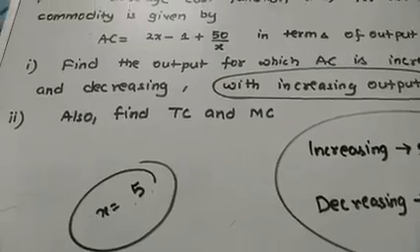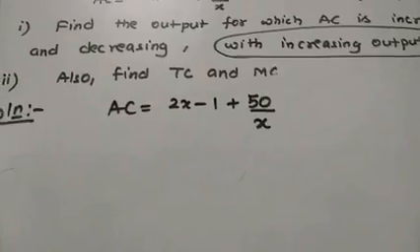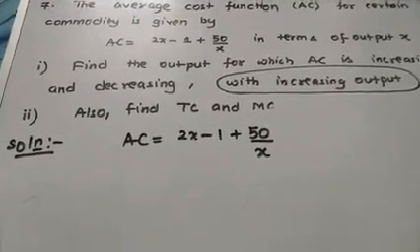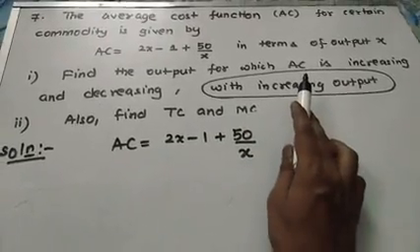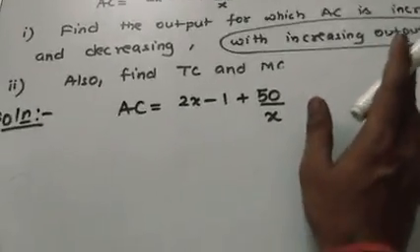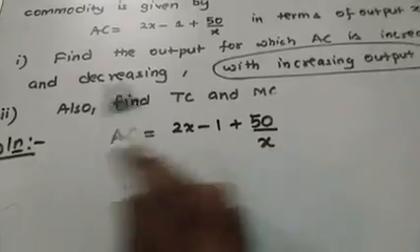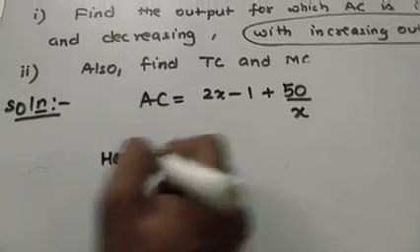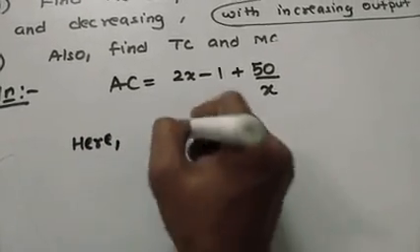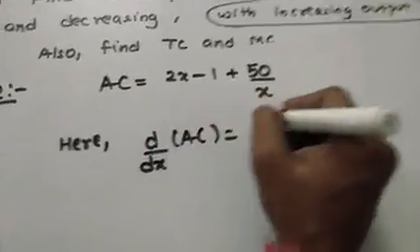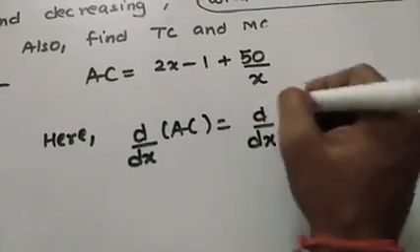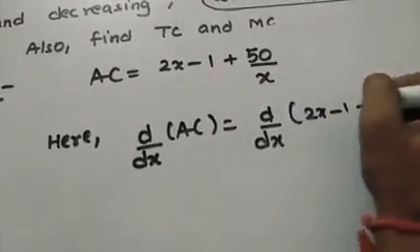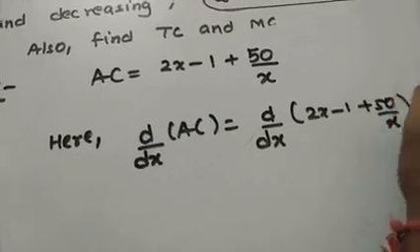So let's proceed to the solution part. This is the average cost given to you. First of all, we have to find the first derivative, because for increasing and decreasing we need the first derivative. So d/dx of average cost, that is d/dx of 2x minus 1 plus 50 by x.